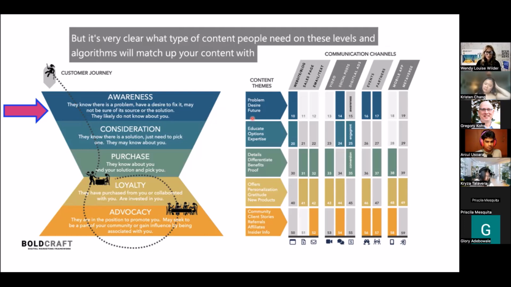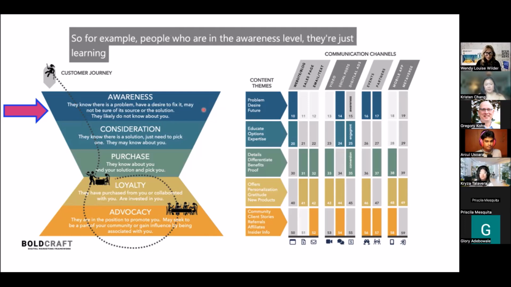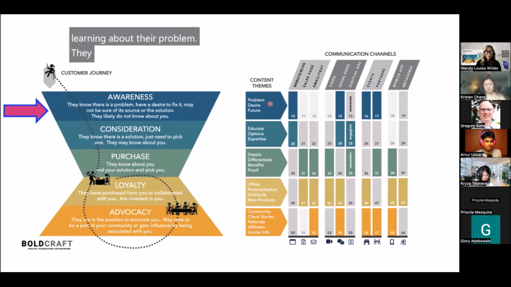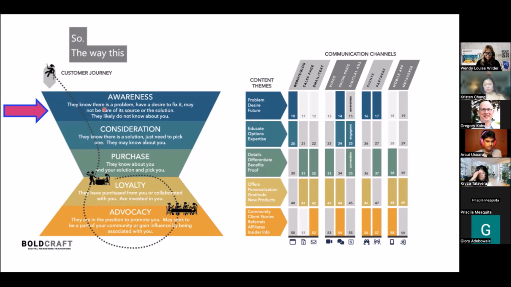So for example, people who are in the awareness level, they're just learning about their problem. They need information about their problem, about their desire, and their future tense. So the way this chart works is, again, you can follow the color across.